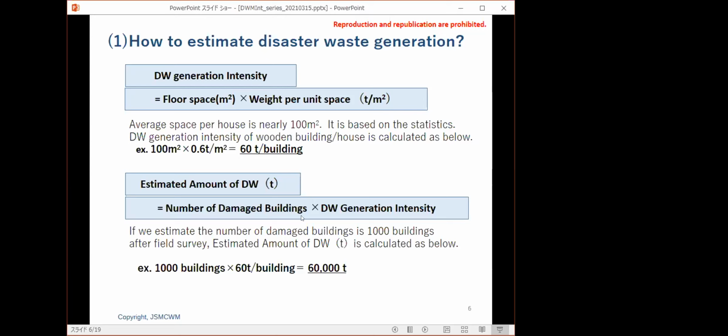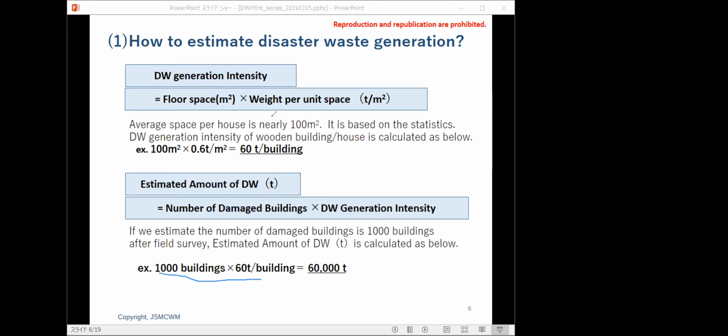So I make a simple scenario. If 1,000 buildings are damaged in one disaster, the total amount of disaster waste is calculated by this equation: 1,000 buildings multiplied by 60 ton.